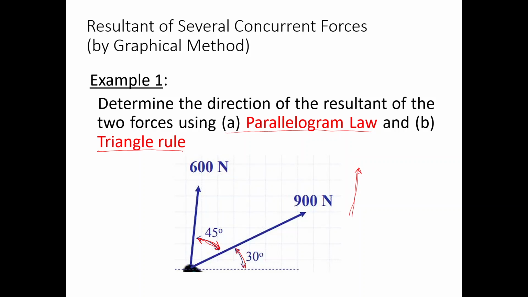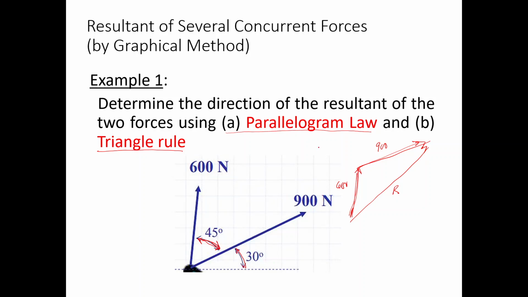If you want to use the head to tail method, this will be your 600, this will be your 900. Then connect this one to this one, and this is your resultant force.